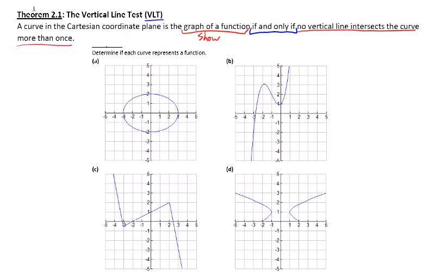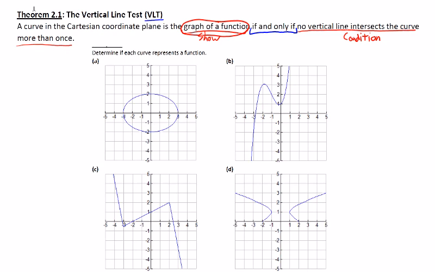So what I have underlined here in red is what we call the condition. So if I can show that that condition is true, then that means that I have shown that my graph must represent a function. So the words if and only if separate the theorem into these two halves, these two parts. So let's go ahead and look at example 2.7, and we're going to use this theorem directly.